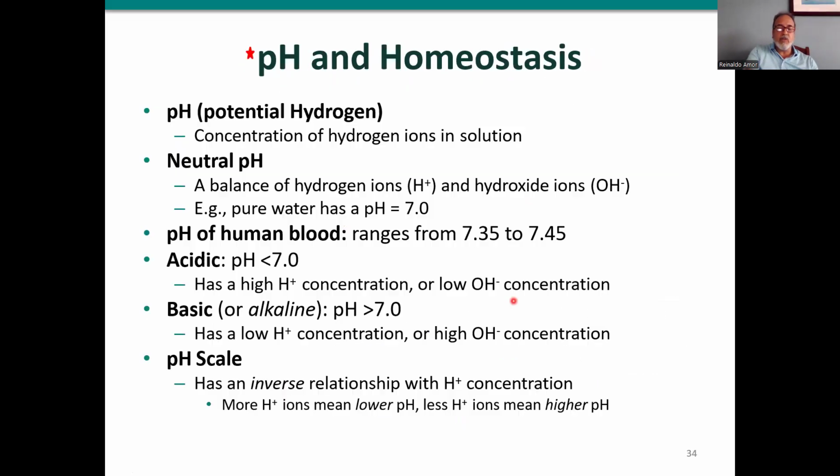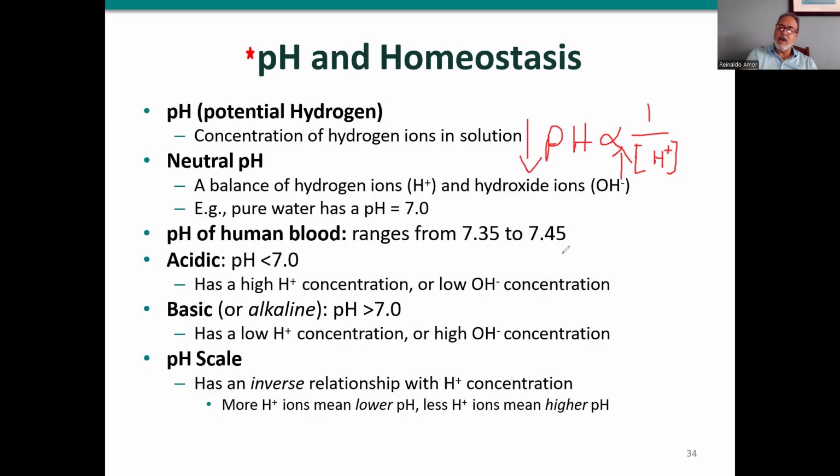Now I want you to know the pH scale has an inverse relationship with the hydrogen ion concentration. pH is inversely proportional to the concentration of hydrogen ions. So the more hydrogen ions you have, the lower the pH.